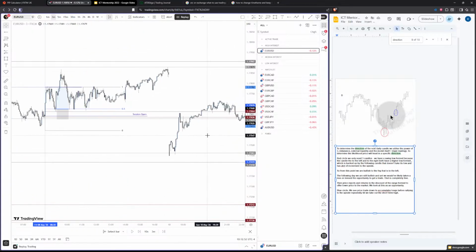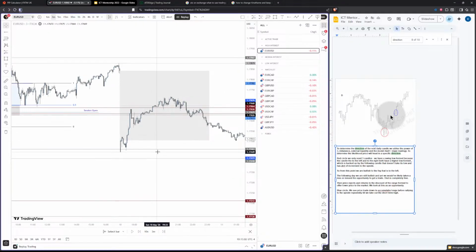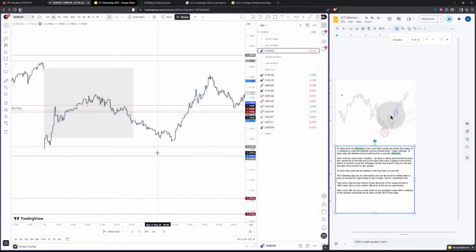And we open. From here to here, we have a big imbalance. Midnight open. Trade down.